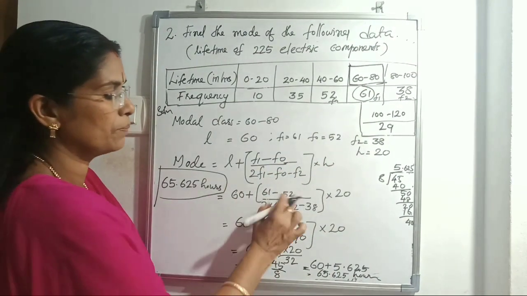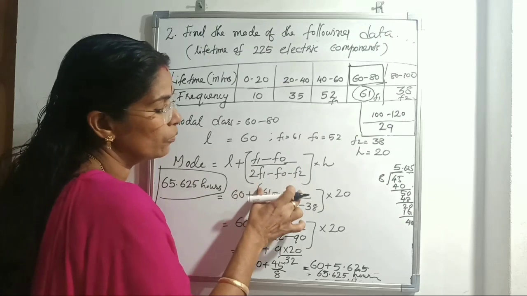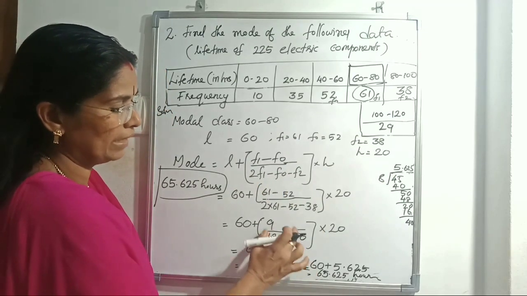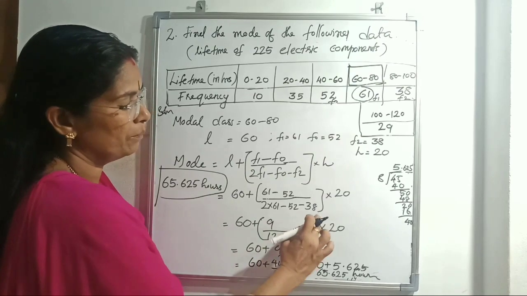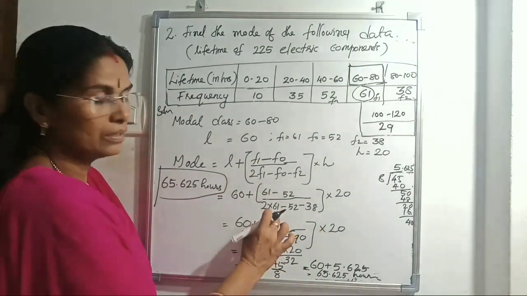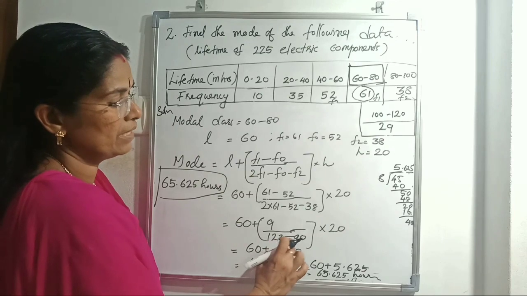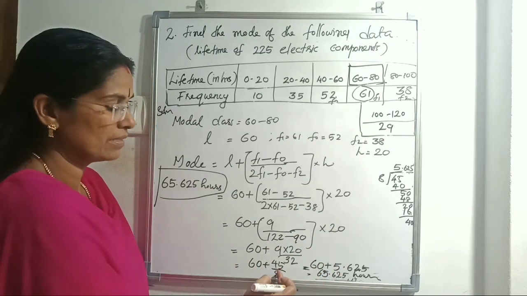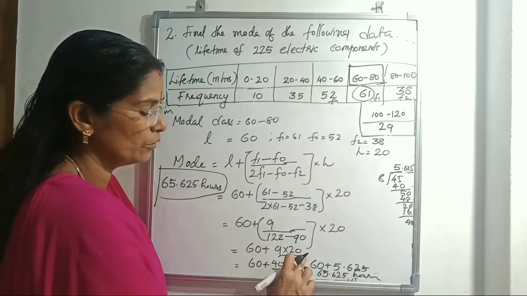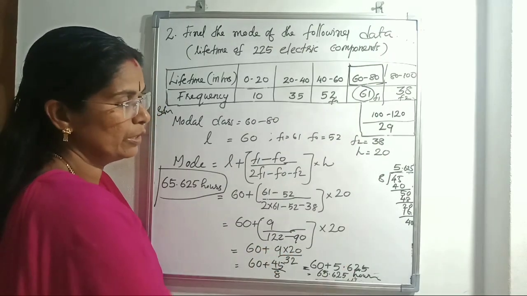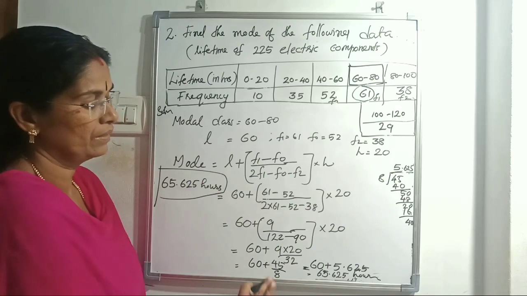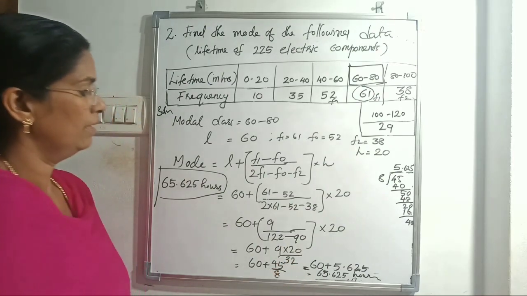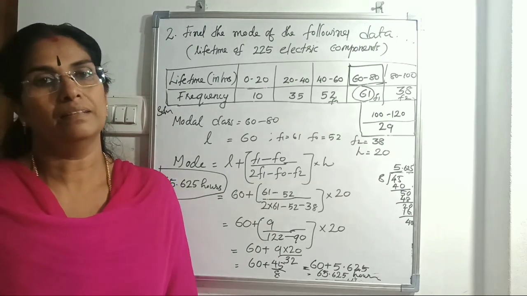Solve the numerator first, and the denominator like this: first add these two numbers and subtract from the first number. You will get an answer like this. If cancellation is there, you have to cancel, otherwise you multiply 9 into 20, 180 divided by 32, then also you will get the same answer. This is the lowest form we are finding, and dividing, we find the answer in this way.